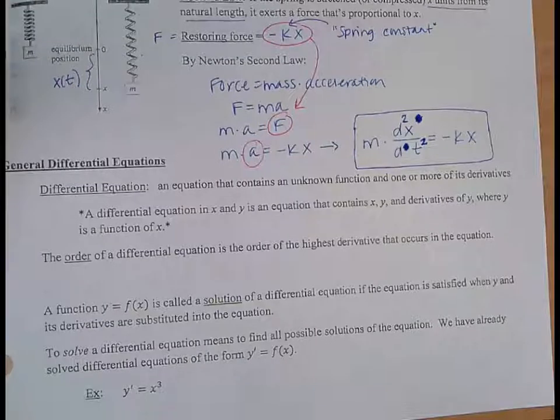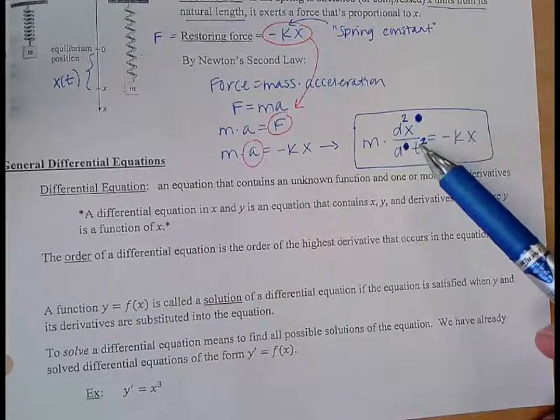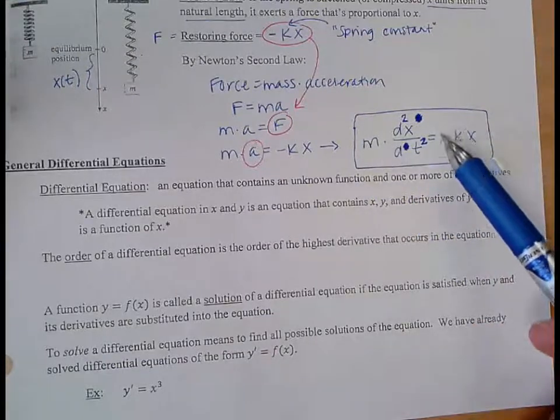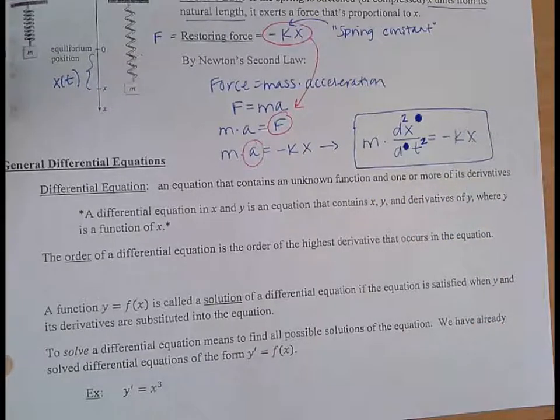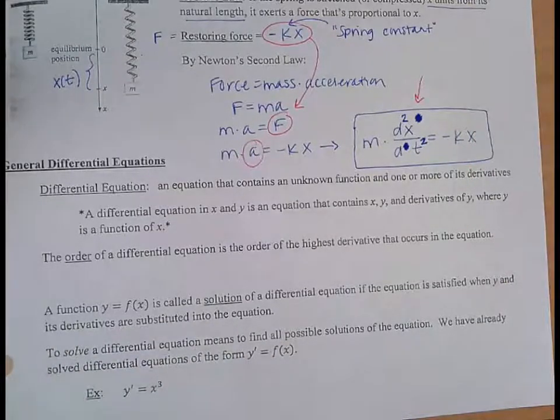Okay, so this would be a differential equation. You have a function x of time along with its second derivative. The mass would be constant. K is a constant. Again, this is using reasoning and what you know about derivatives.